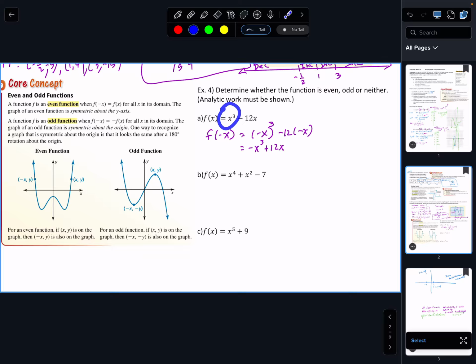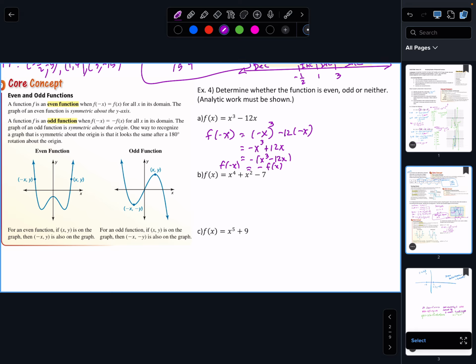Notice that we started with a positive x cubed, now it's negative. We started with a negative 12x, it is now positive. If you take out a negative, you have the opposite of what you started with.